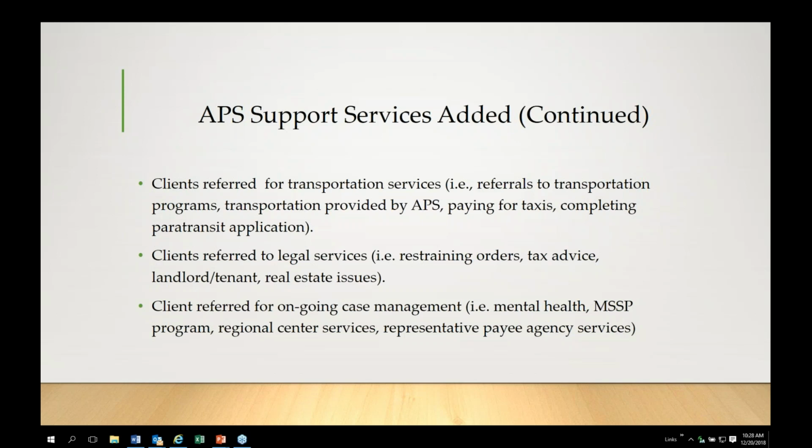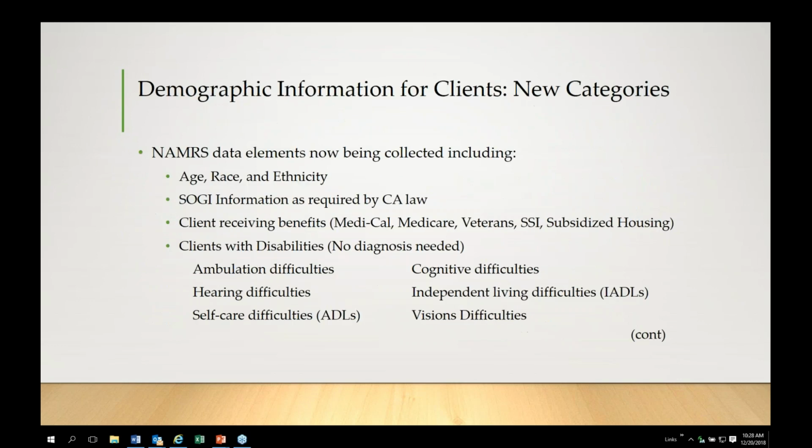The next category is clients referred for ongoing case management. And you see the list here: mental health, MSSP, regional center, rep payee, any kind of ongoing case management outside of APS. Not that we do ongoing case management, but I do know there's a couple of counties that are able to provide some additional services. So this is above and beyond that.